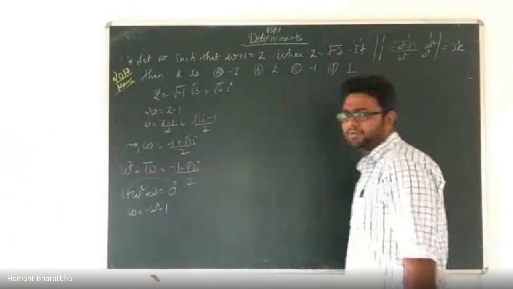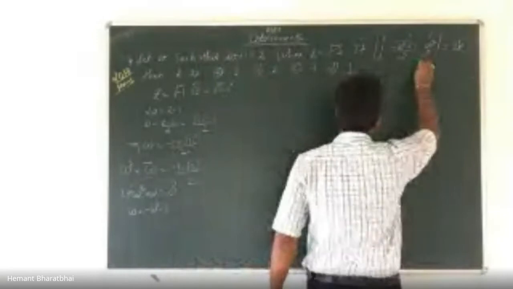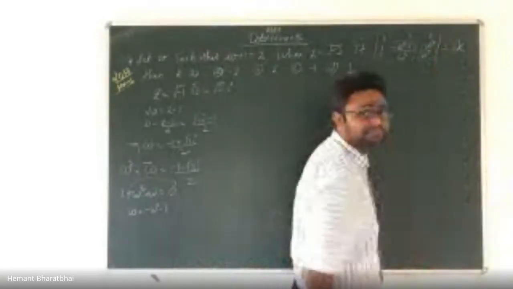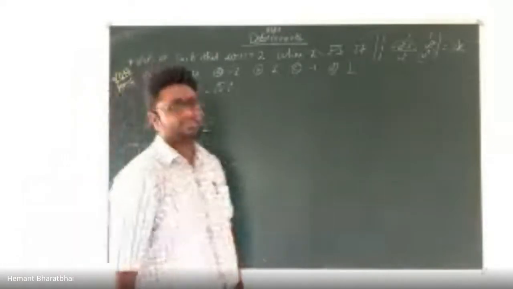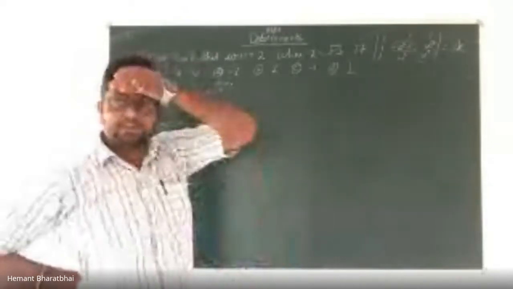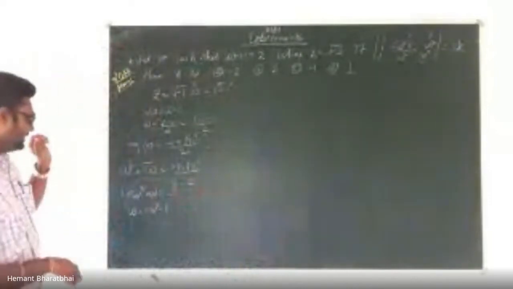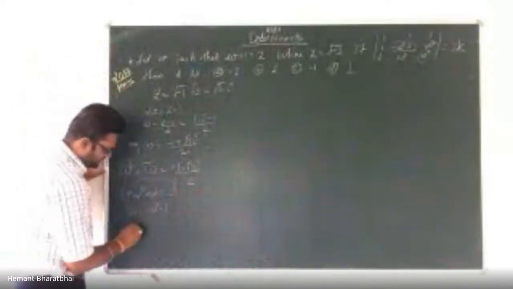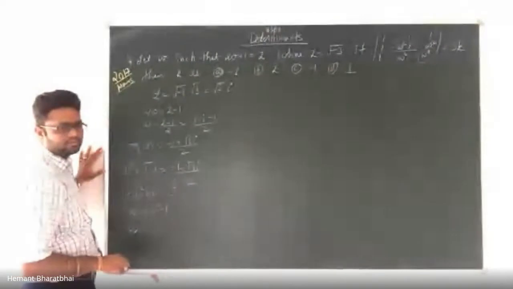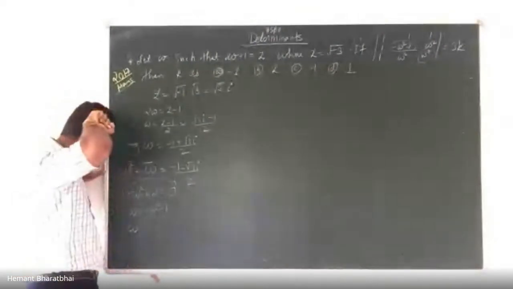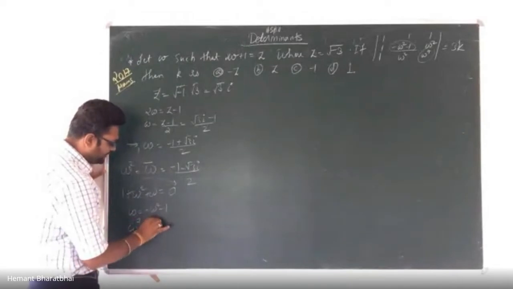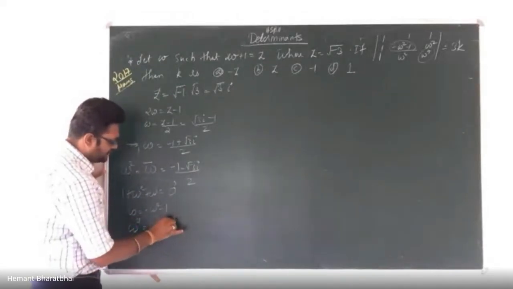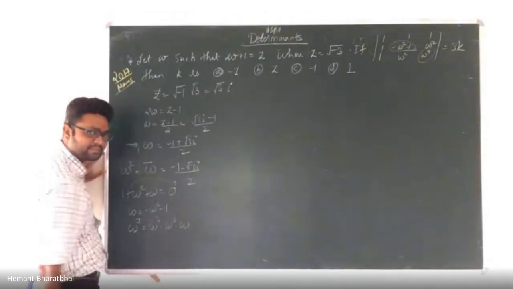But we are seeing one more term over there, which is omega raised to 7. So we'll have to find out the value for that also. If you just remember, the cube of omega is 1, so I can write omega raised to 7 as omega cube into omega cube into omega.